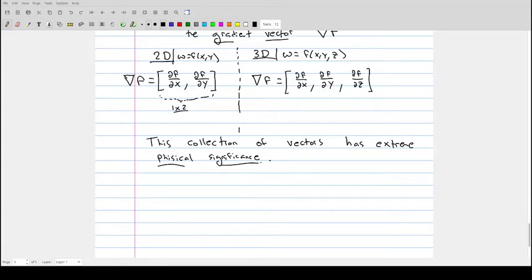One of the things that we'll prove eventually when we get to what's called the directional derivative is that at any given point, the gradient vector points in the direction of fastest increase of the function.